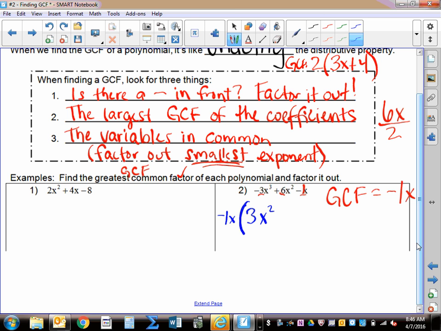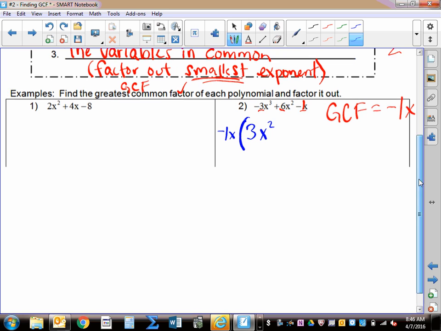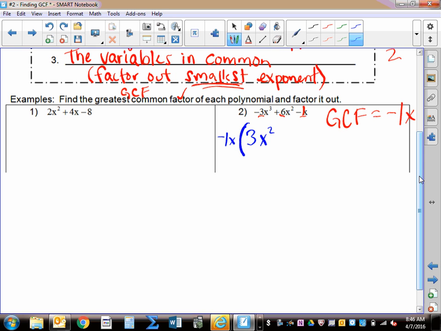I want to make sure we're all on the same page here. I have taken out a -1 and I've taken out an x. So I'm looking at just my term here, -3x cubed. I'm taking out a -1 and an x. -3 divided by -1 is just 3. X cubed divided by x is x squared.